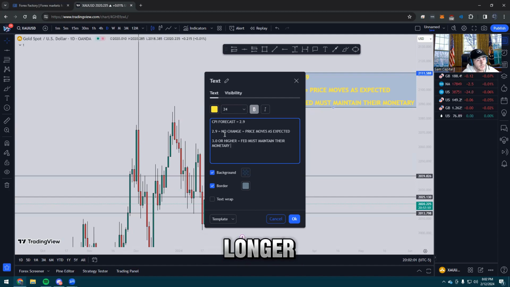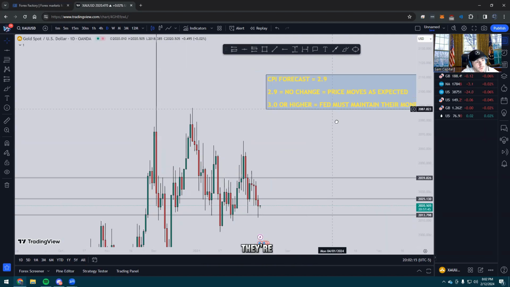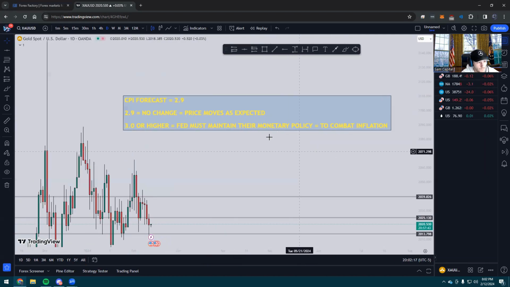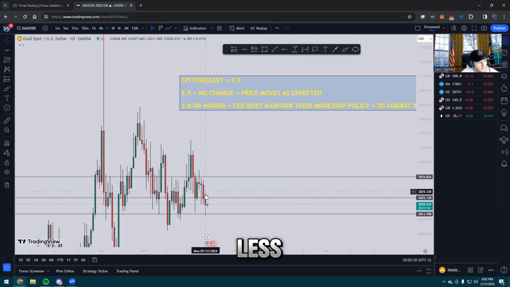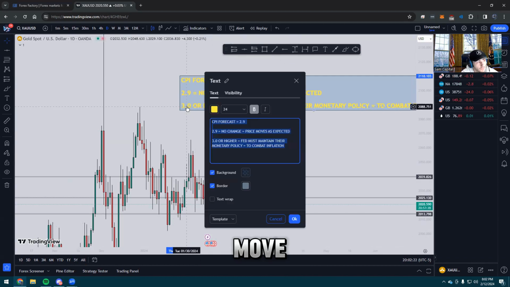And if they keep the monetary policy high, it makes it less favorable to purchase gold. You'll see gold move down. So this would be our bearish scenario if we see a 3.0 or higher.